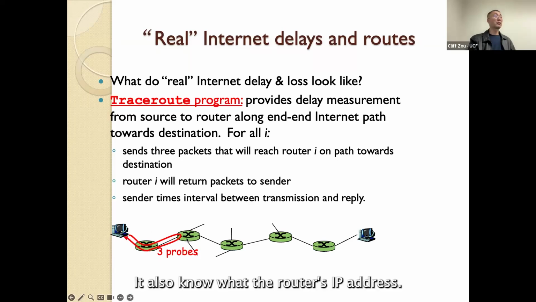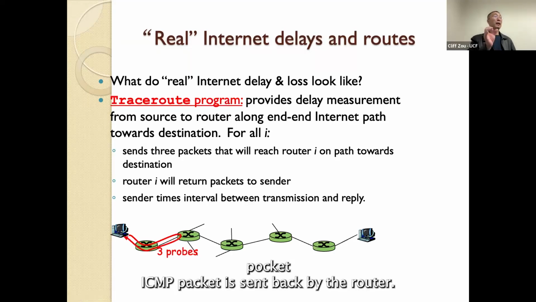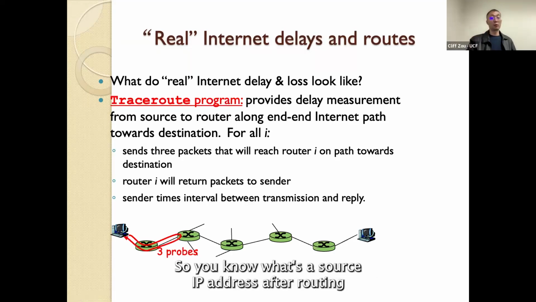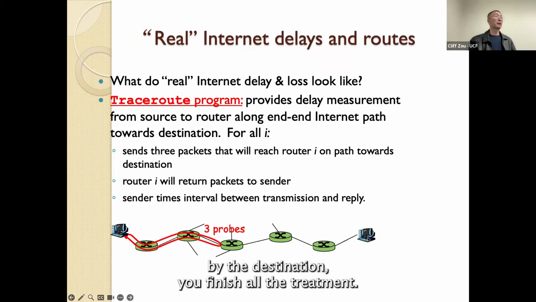It also knows the router's IP address, because this ICMP packet is sent back by the router, so you know the source IP address of the router. Then you just do this iteratively until the packet is received by the destination, and you finish the traceroute.